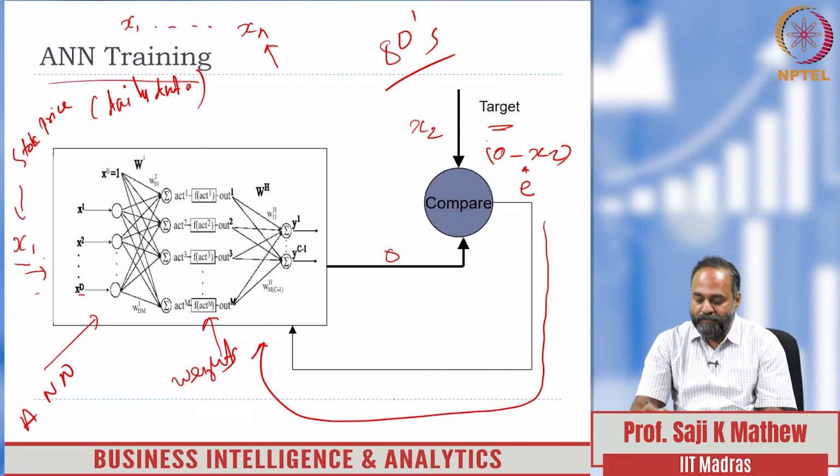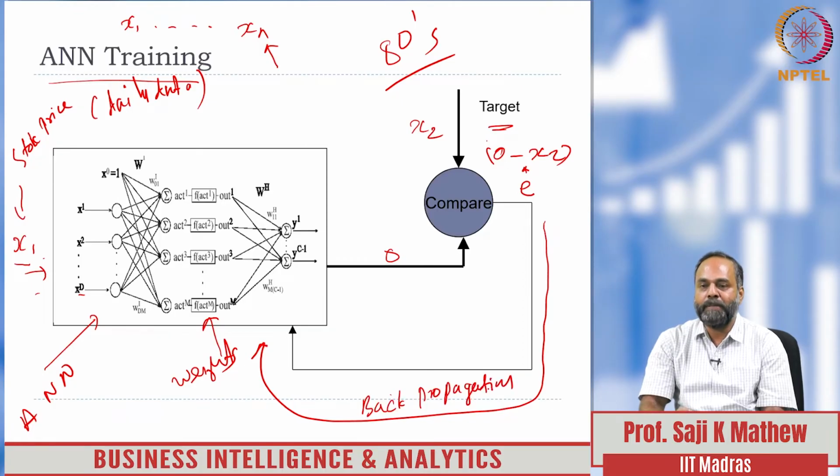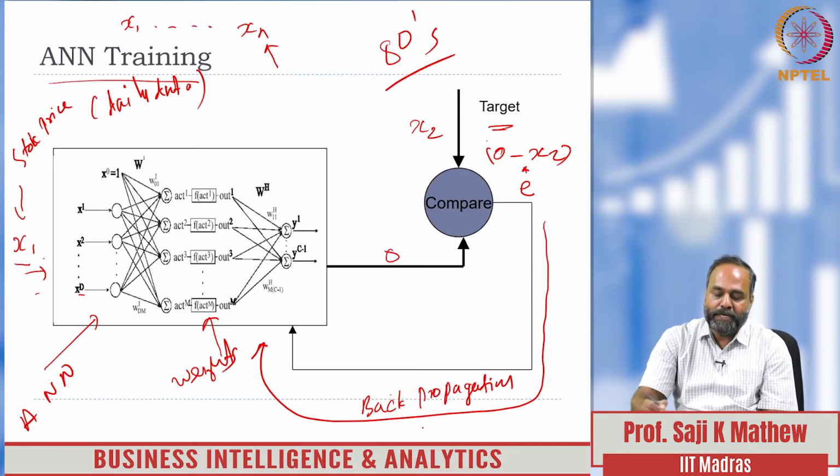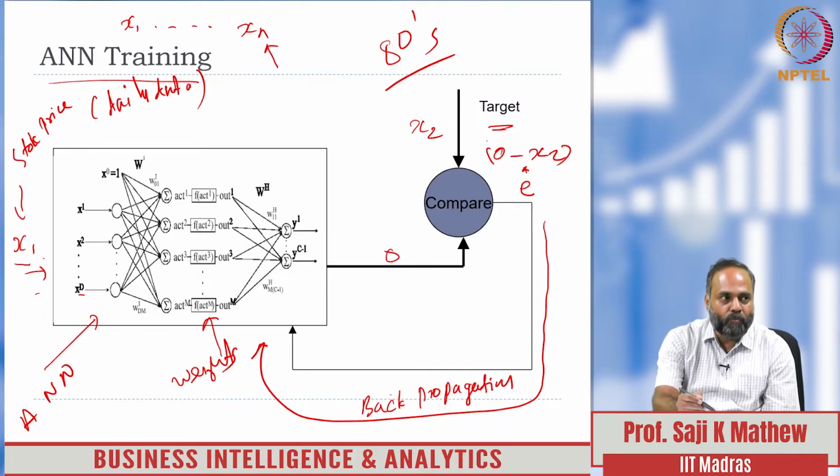You can see that the error is something that is fed back. Another term for this is back propagation, or BP algorithms. Gradient descent is a type of back propagation algorithm. Back propagation means the error is propagated back into the network to adjust weights, and we just saw the method by which the weights are adjusted.